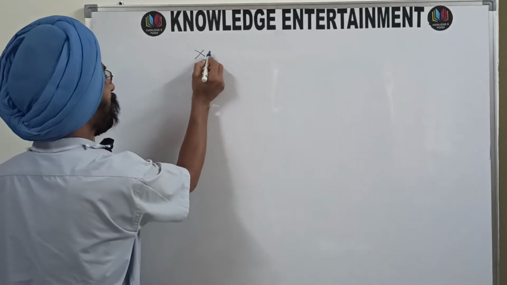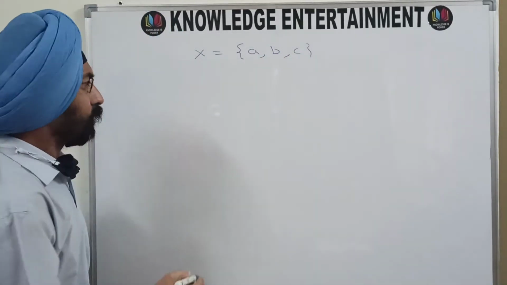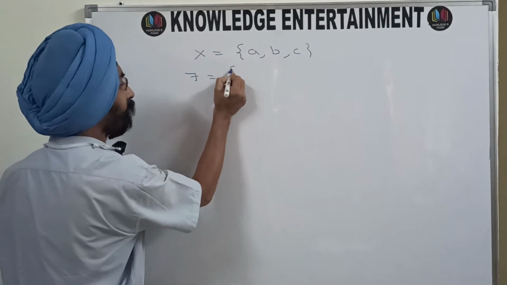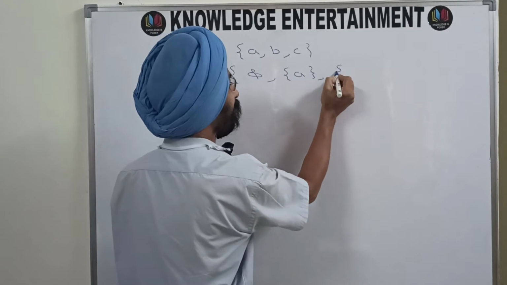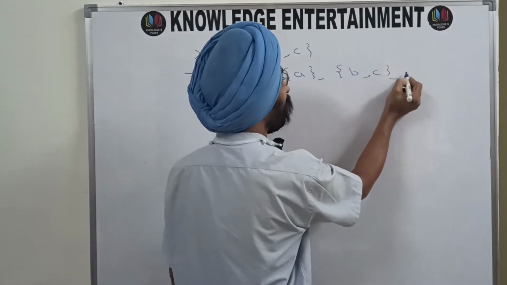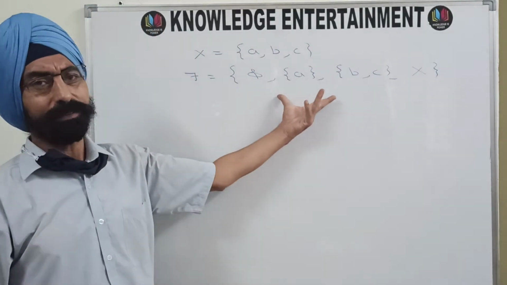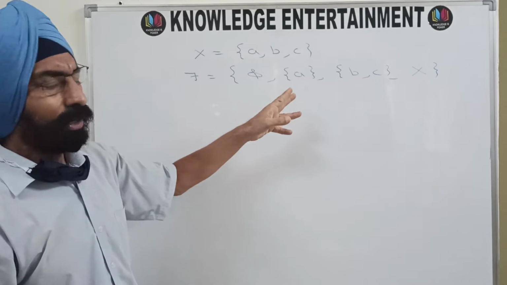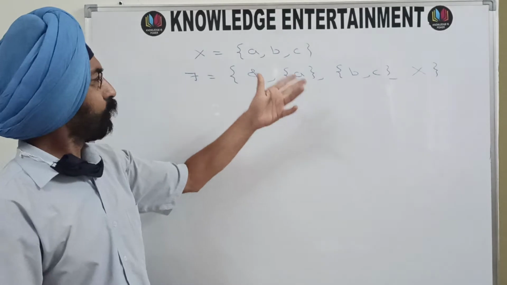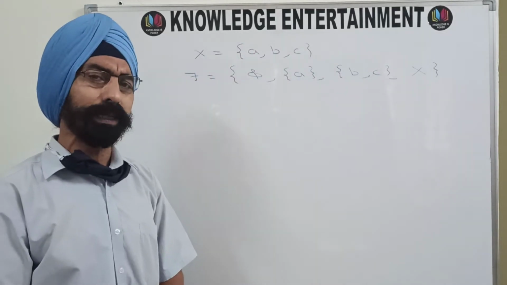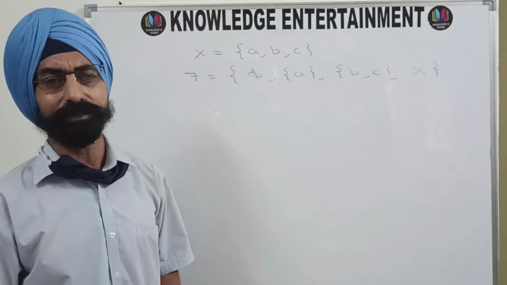Let X be a set containing three elements A, B and C. Now consider the topology tau having four sets: phi, the singleton set A, the set containing the two points B and C, and the whole set X. Now this is a topology. Why? Because all the four axioms of topology are satisfied by this set. So X along with this topology tau is a topological space, and now we will show that this is a normal space, but it is not T1.